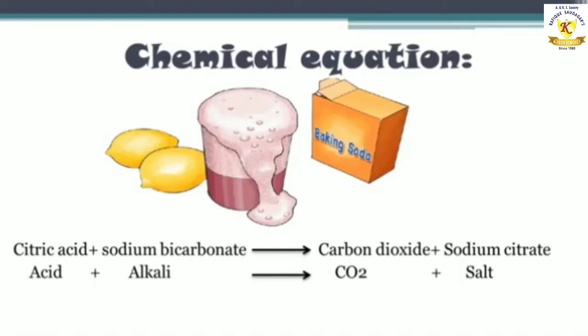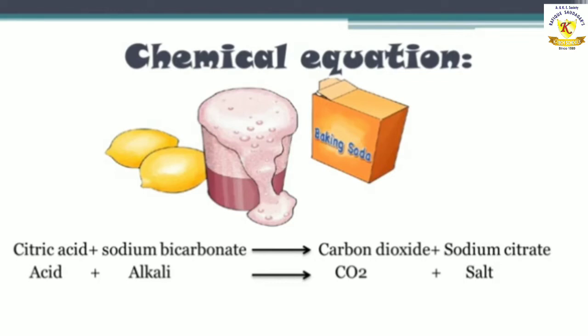Here, when baking soda is added to lemon juice, a chemical change takes place in the citric acid present in the lemon juice and a gas is formed, that is carbon dioxide. So a word equation can be written for this chemical reaction as citric acid, that is an acid, plus sodium bicarbonate, which is an alkali.